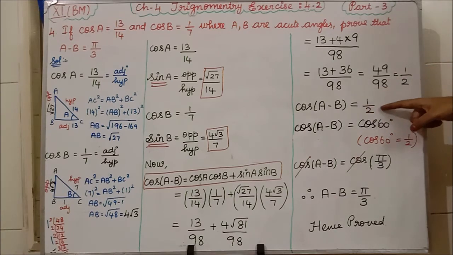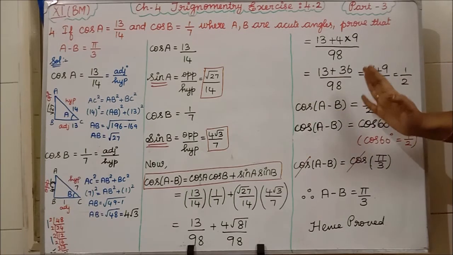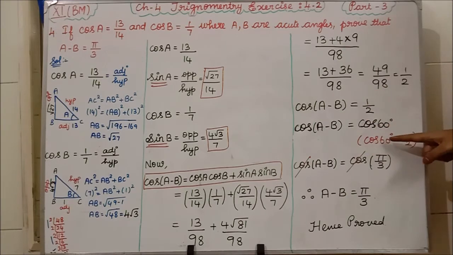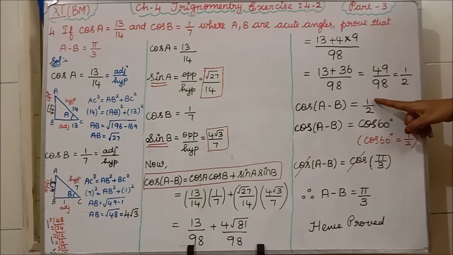So instead of this 1 by 2, I am writing cos 60 degrees, because 1 by 2 is equal to cos 60 degrees.